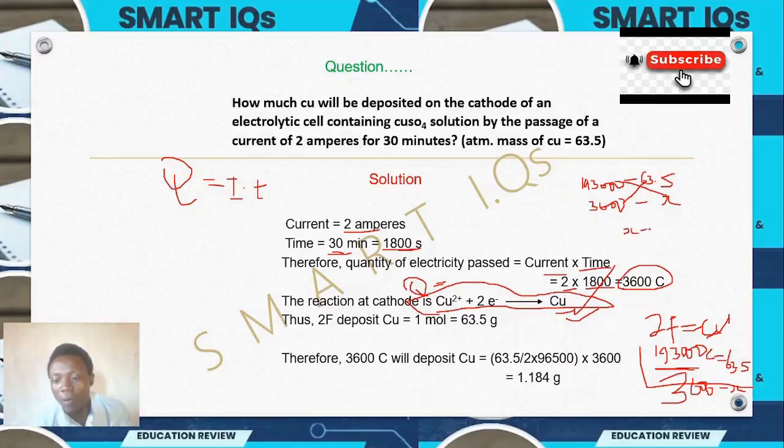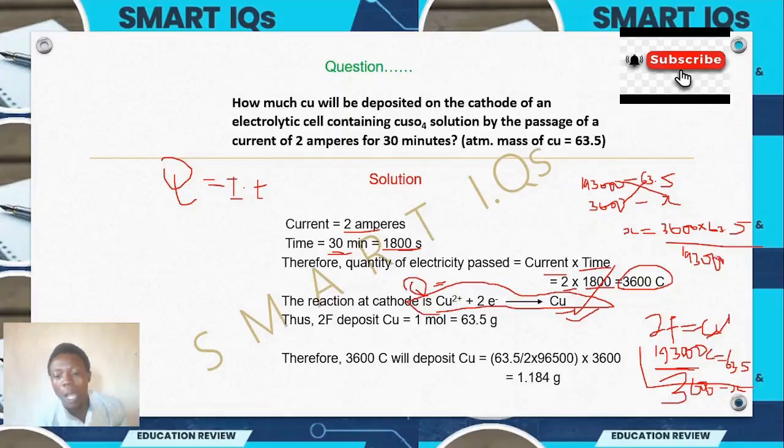So that means for a current of 2 amperes that is made to pass through the copper solution for about 30 minutes, it's going to give us 63.5 times 3600, then everything divided by 193,000.